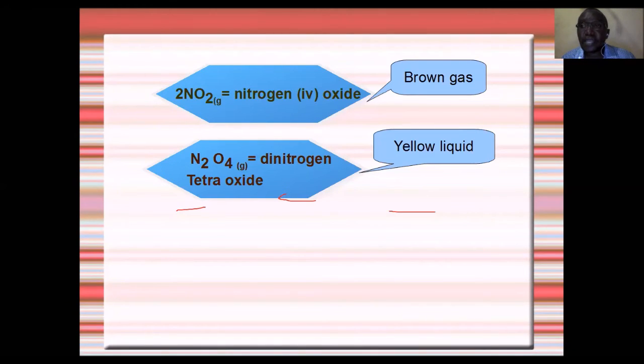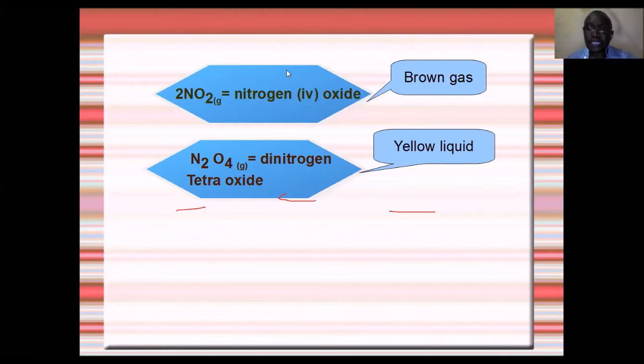It is an exothermic process. Then the reverse reaction, converting from dinitrogen tetraoxide to nitrogen dioxide, is an endothermic process. It requires heat energy from the surroundings. If the forward reaction is exothermic, then definitely the backward reaction will be endothermic.